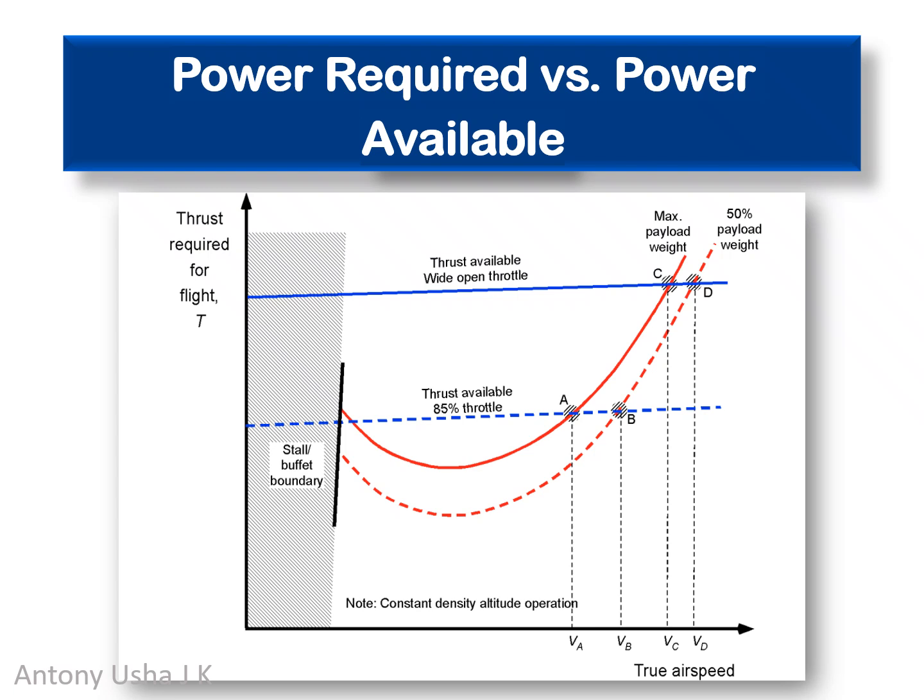The shaded region to the left marks the stall or buffet boundary, where flying becomes aerodynamically unstable due to the loss of lift. This chart is critical for pilots and engineers to determine safe and efficient operating speeds, ensuring that the aircraft remains within the envelope of available thrust at various load conditions.